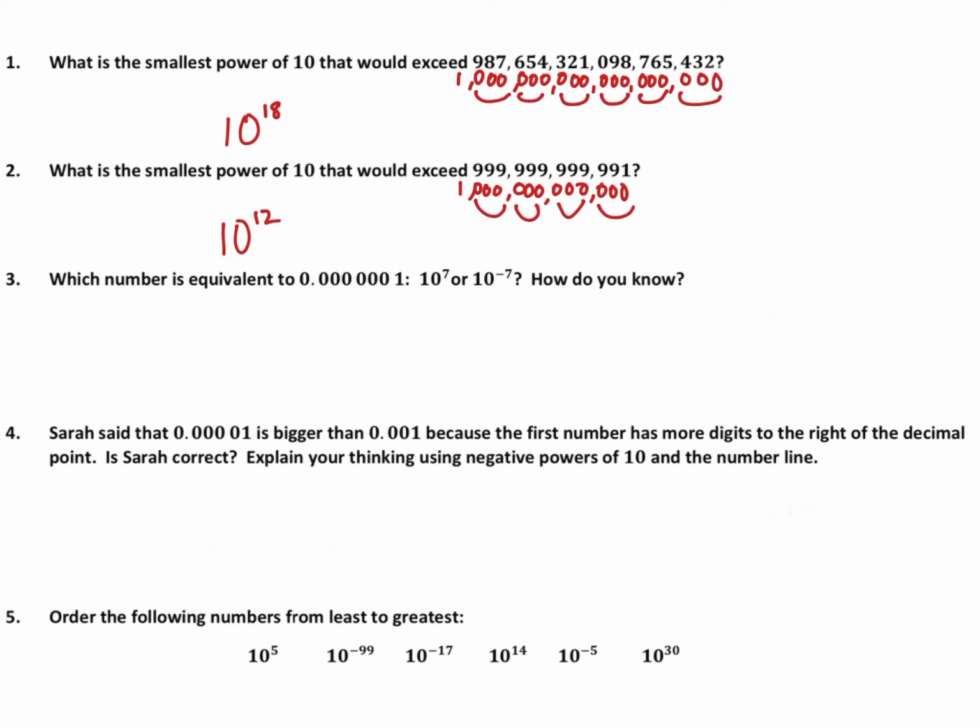Number 3 says, which number is equivalent to 0.0000001? Is it 10 to the 7th or 10 to the negative 7th?